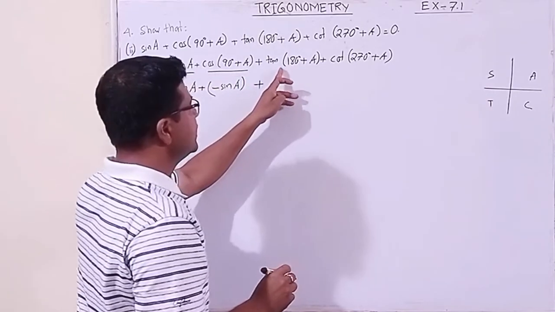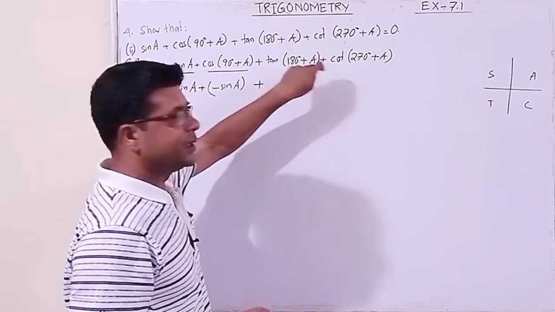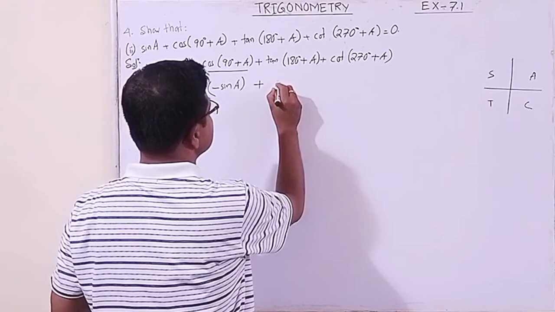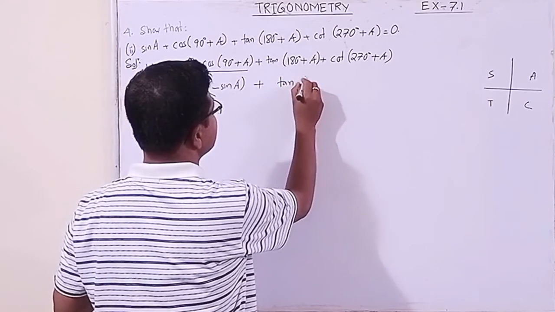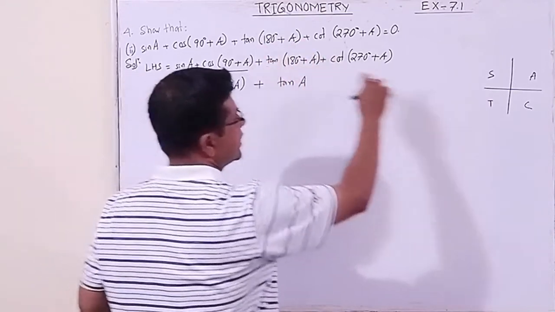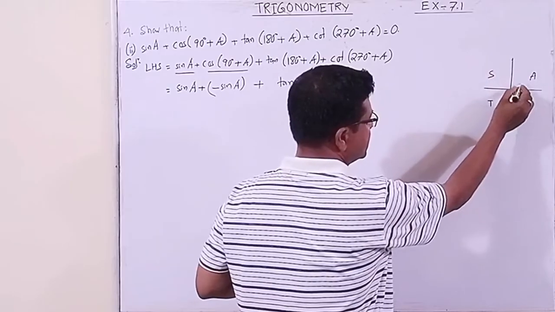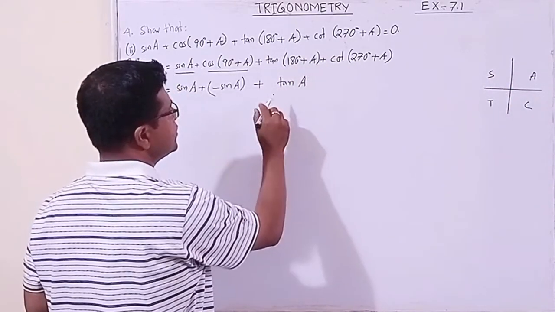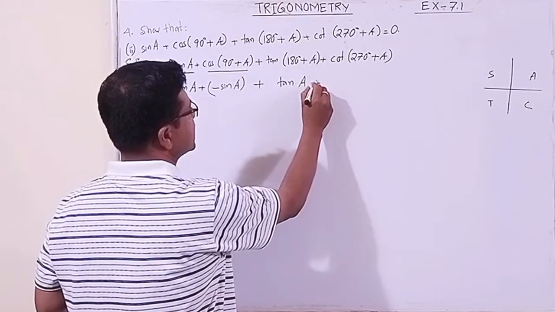Then plus tan(180° + A). It is an even multiple of 90 degree, so tan will remain as tan A. 180 plus A means it is in the third quadrant. In the third quadrant tan is positive, so it will remain as plus.